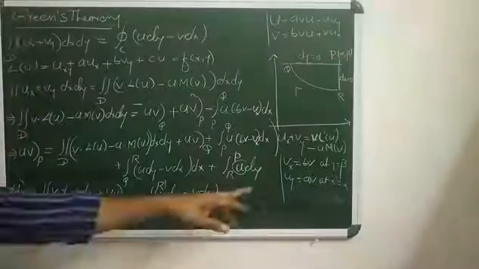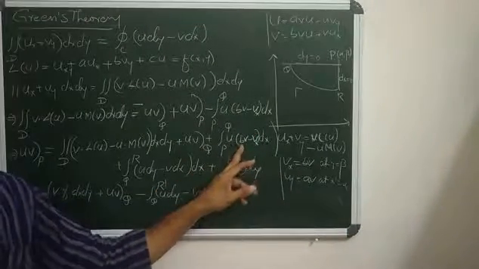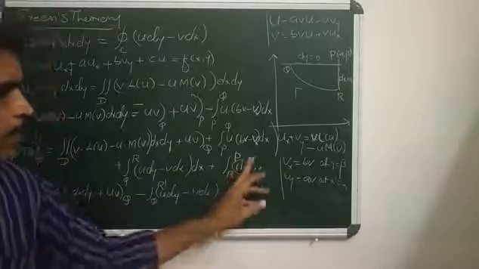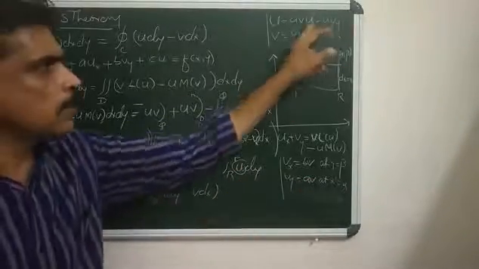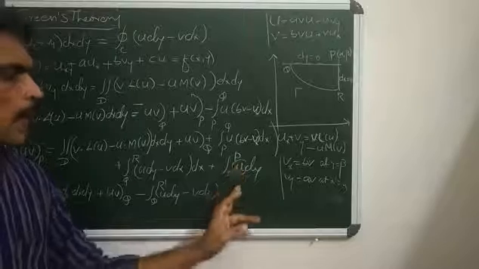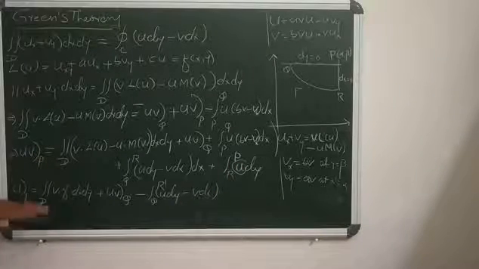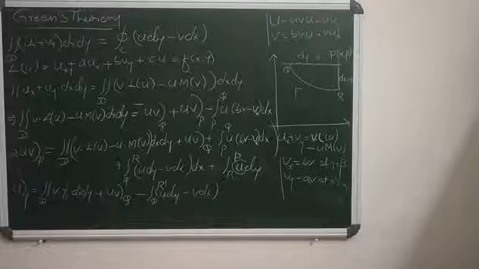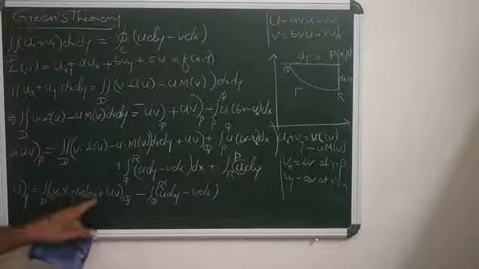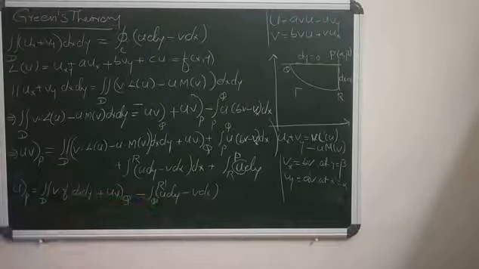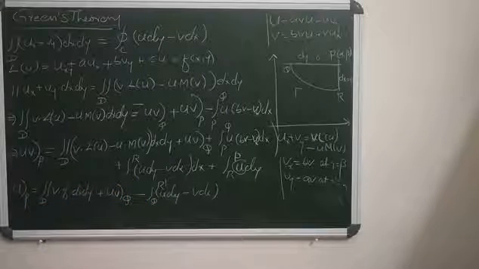So when vx equals bv, this integrand reduces to 0, and when vy equals av, this integral r to p u dy again goes to 0 itself. What remains here? up equals double integral over d vf dx dy plus uvq minus integral q to r u dy minus v dx. Okay.